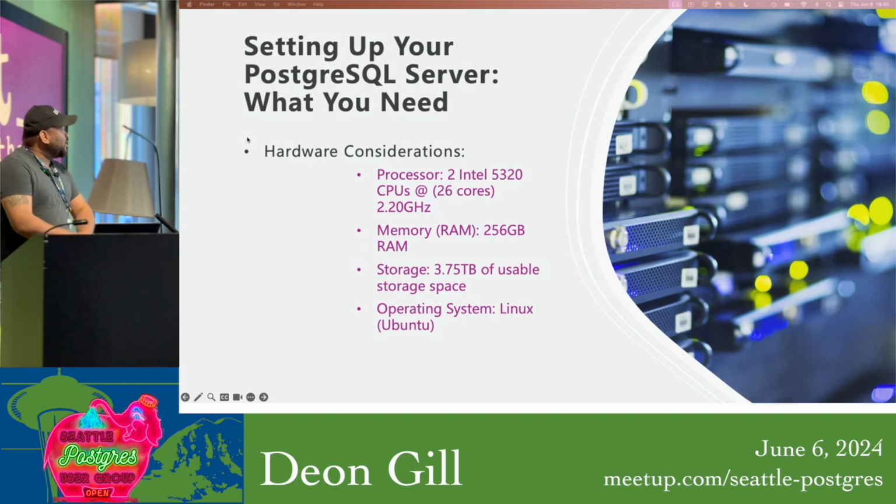For RAM, we're using 256 gigabytes for our servers. Each server is using these specifications, and they each have 3.75 terabytes of usable storage space. And the operating system that we are currently using to run our servers is Linux, specifically Ubuntu. We are mostly an Ubuntu environment.